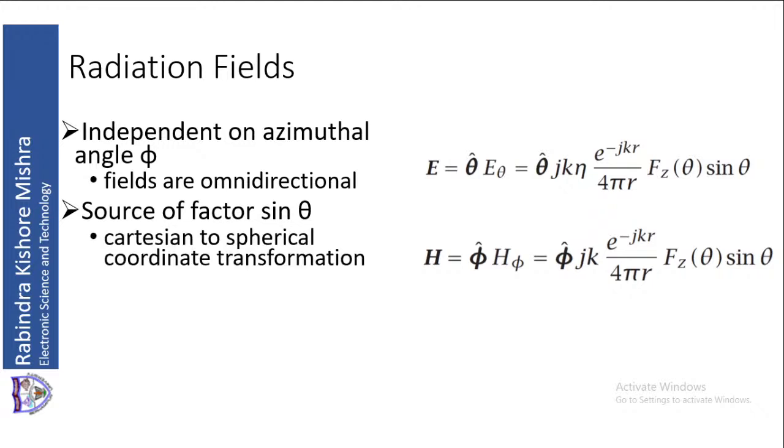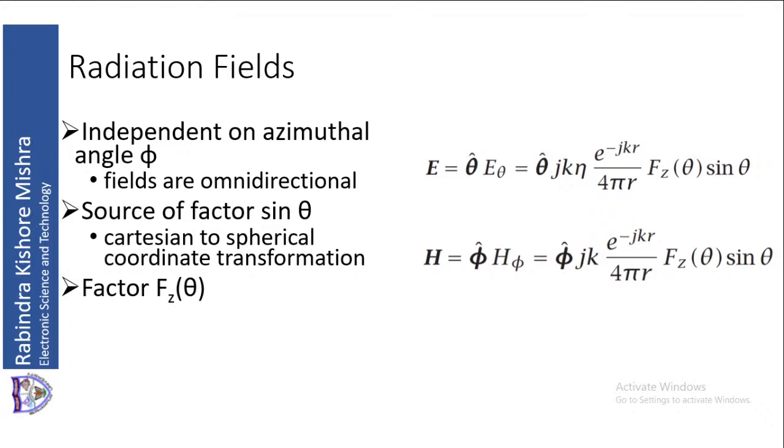What is the source of this factor sine theta? The source of this factor sine theta is the transformation of the coordinate system from Cartesian to spherical coordinate system. That gives you the sine theta. So from that we get the sine theta.